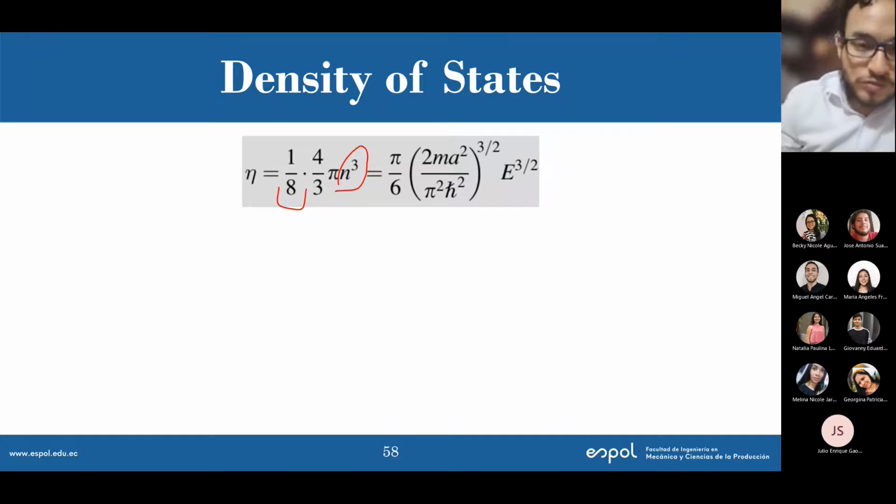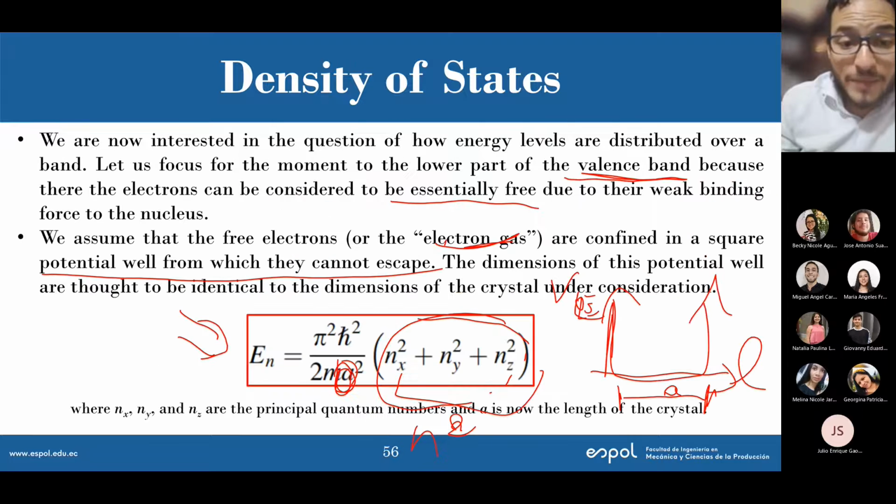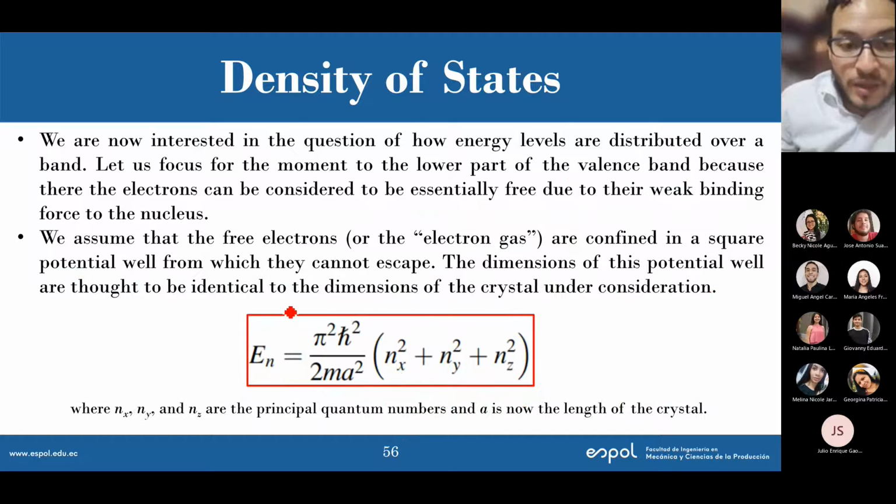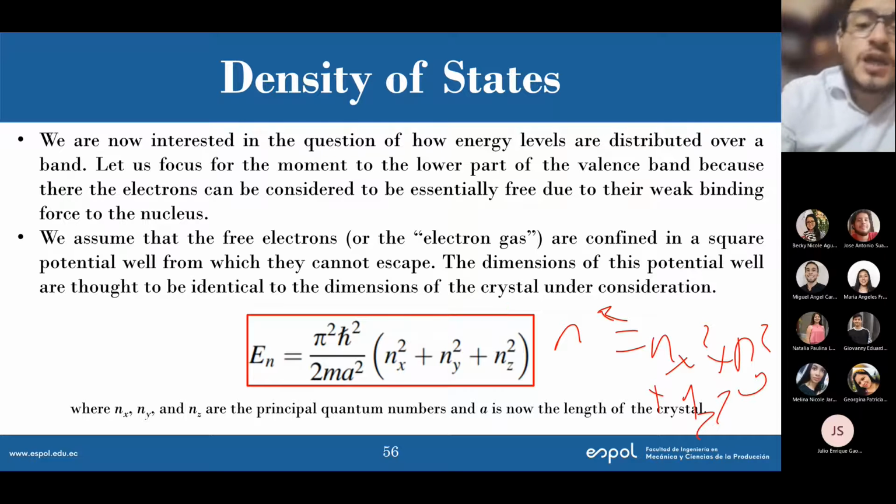And now if I use the previous equation, because I have pi n cubed, now I have n, right? I can solve for n here, because I have En here. So basically I can solve for n just taking this as one single quantum number, right? Because anyways, n squared is equal to, we all know that, nx squared plus ny squared plus nz squared. So I have this basically equals n squared.